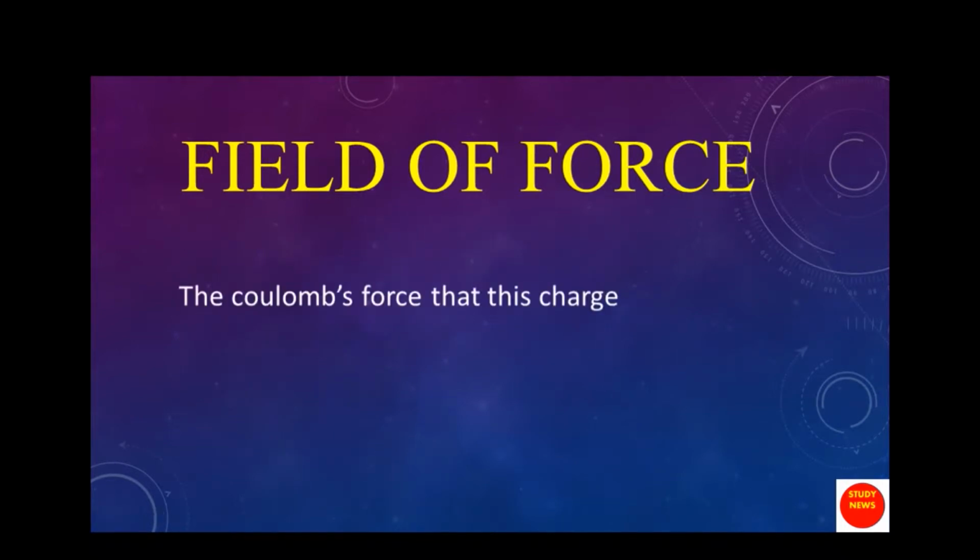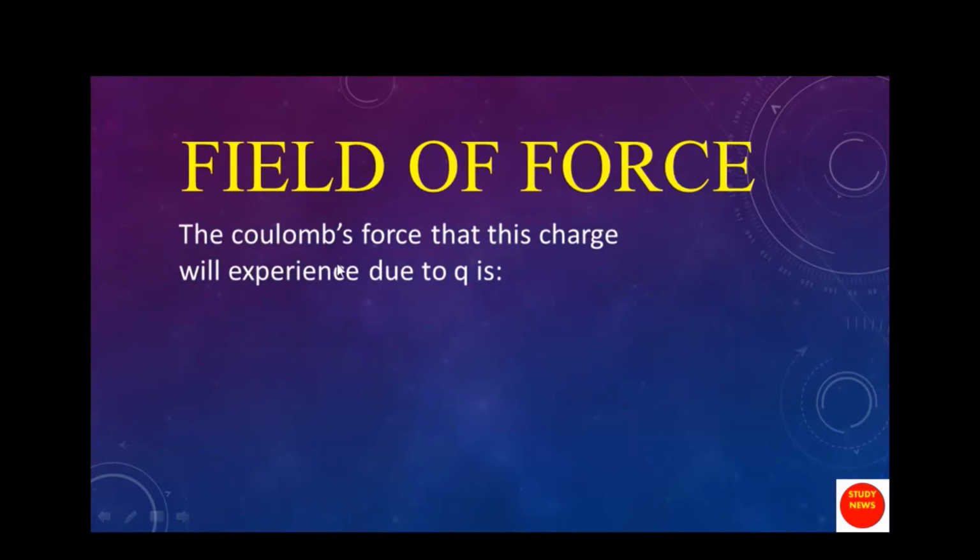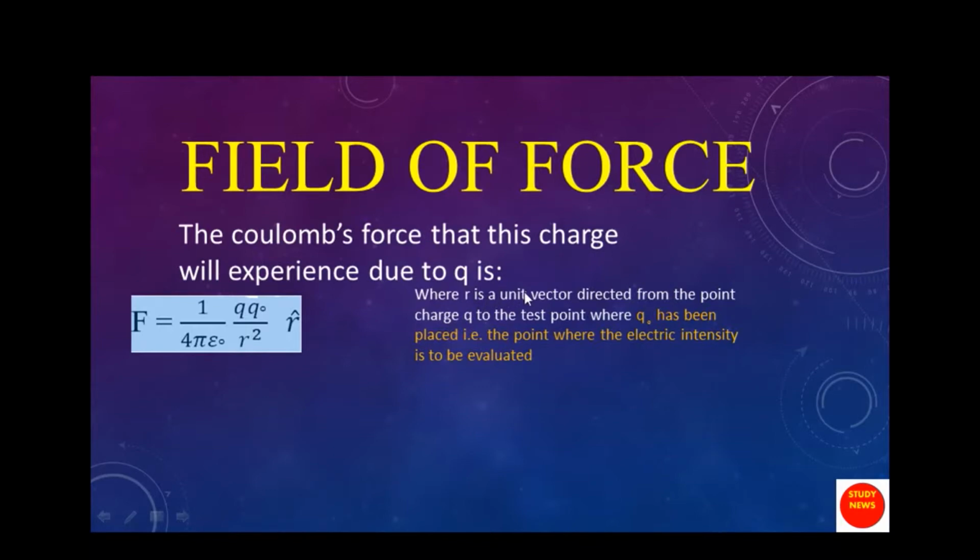So the Coulomb force that this charge will experience due to Q, that is F, is equal to 1 over 4 pi epsilon naught, Q Q naught by r square, times r unit vector.